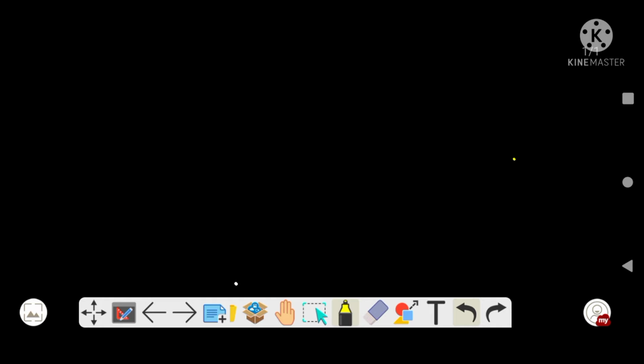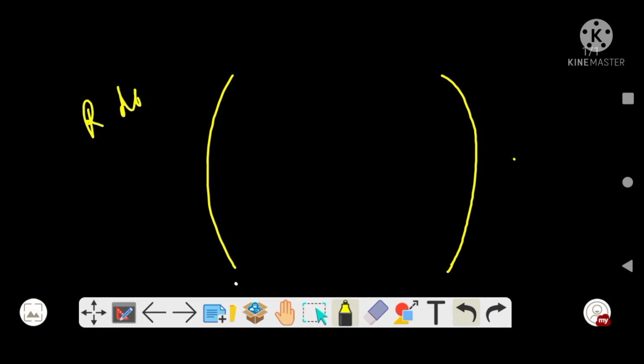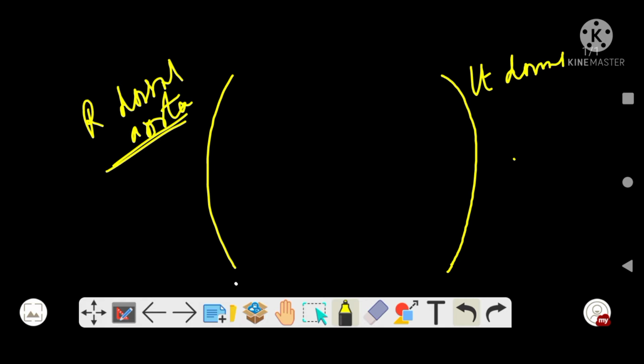So I am starting with the illustration. Just focus on the screen, right? So now this is your right dorsal aorta, and this is your left dorsal aorta. Right dorsal aorta, left dorsal aorta, correct? So from here I will draw 6 lines.